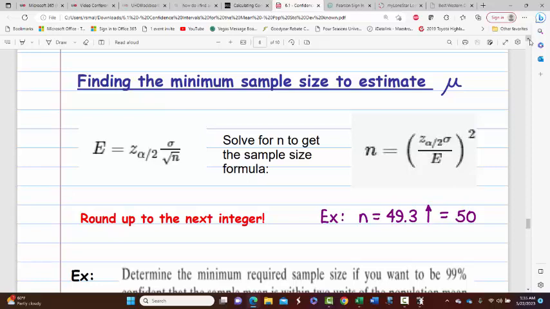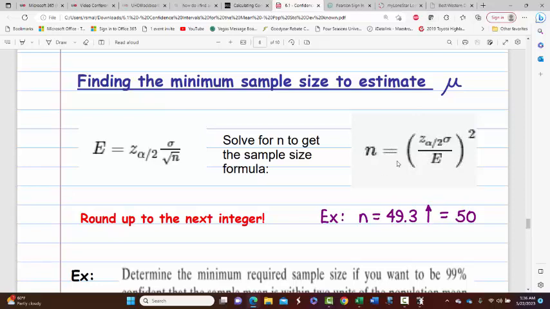Let's say I want 95%, and I want my margin of error to be 3, plus and minus 3. What would be my sample size needed to guarantee that the margin of error is 3, or even less, maybe if you went higher than that, of course. But let's say 3. There's just the minimum to get it to 3.